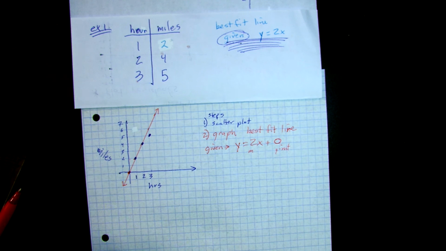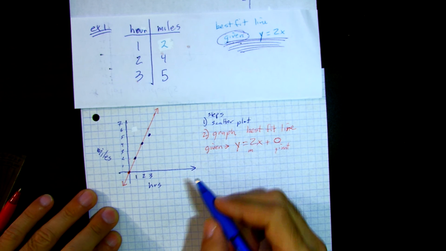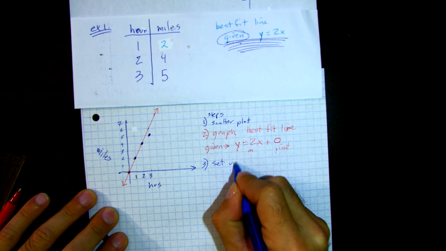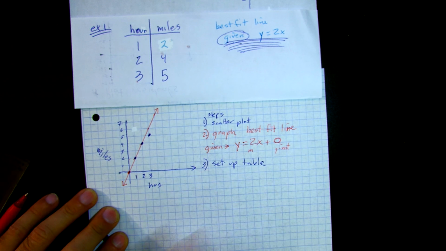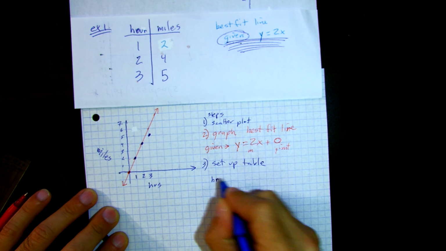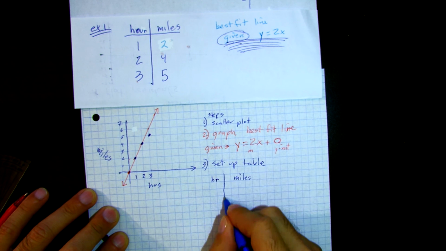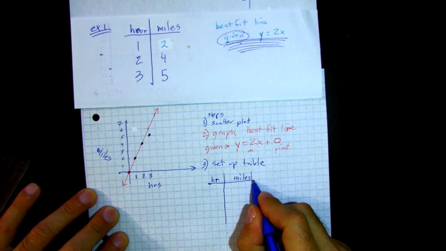But here's how we're going to set up our table. Step 3 is set up the table. We're going to have hours and miles, just like we had before. But what we're going to add are 2 more columns.